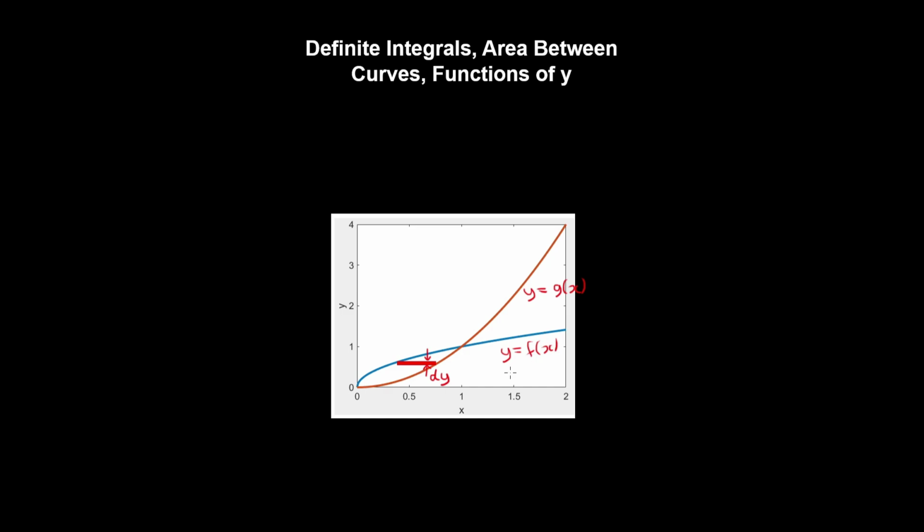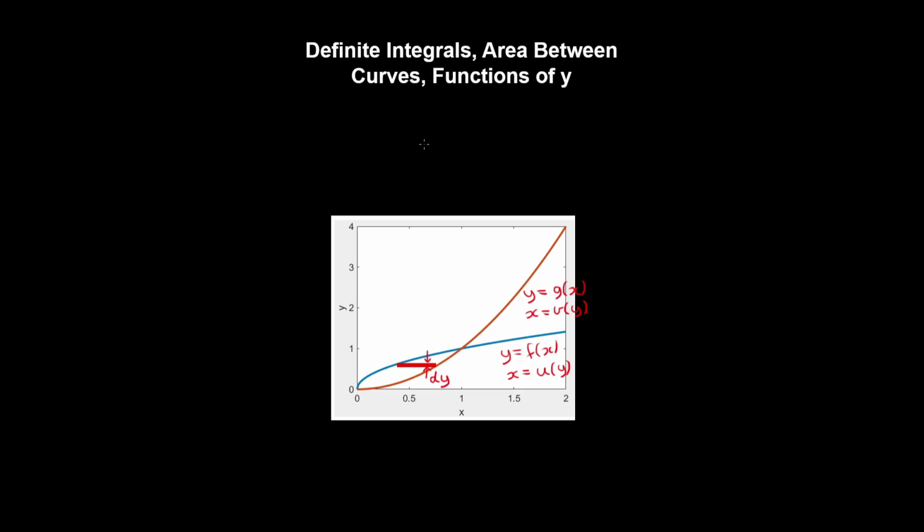So what you do is solve for x, and you'll get x in terms of y. So for example, x is equal to u of y, and here you'd get x is equal to v of y. And therefore the width of this rectangle is v of y minus u of y, and then multiplying by dy gives the area of that infinitesimally thin rectangle.